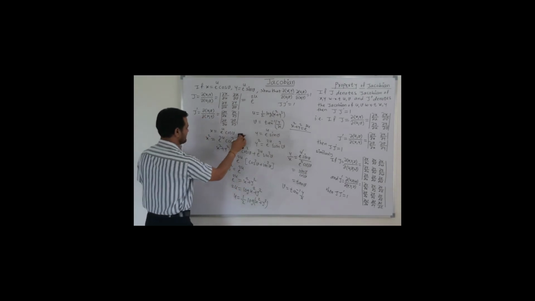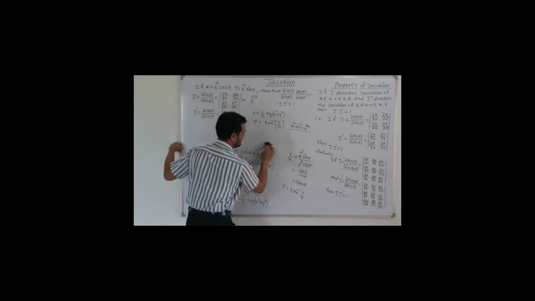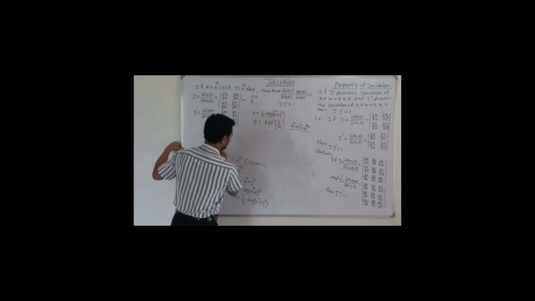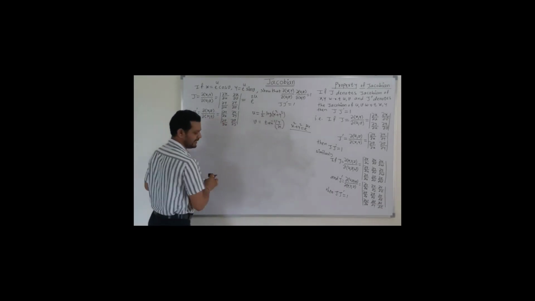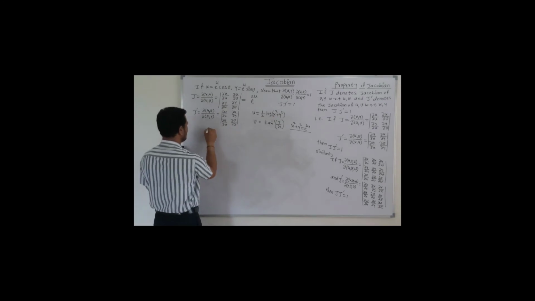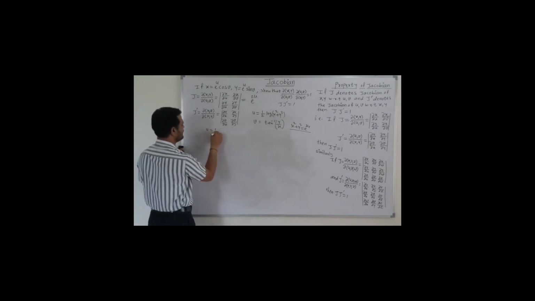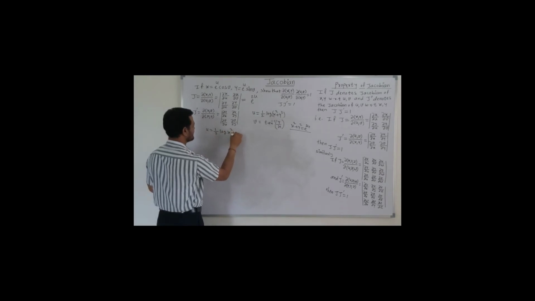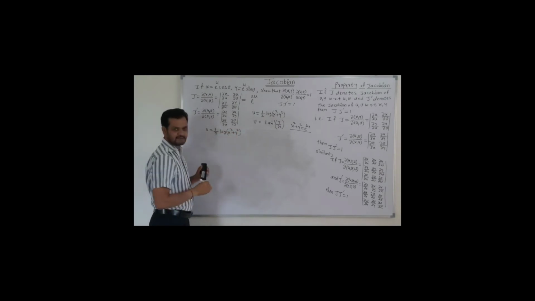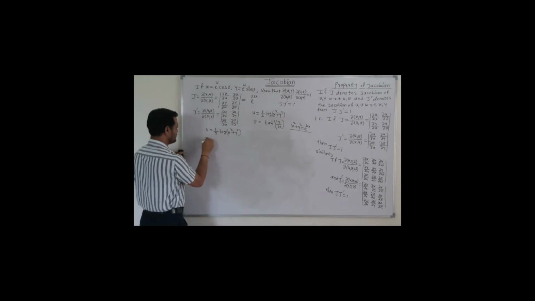Because of space problem, we will delete this, and once again we will take the partial derivative of u with respect to x and y. So the value of u is 1 upon 2 log of x square plus y square. Now take the partial derivative of u with respect to x.